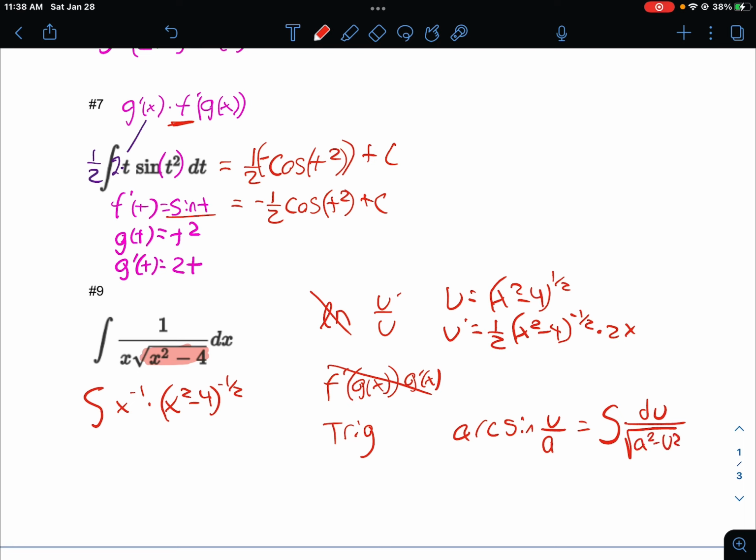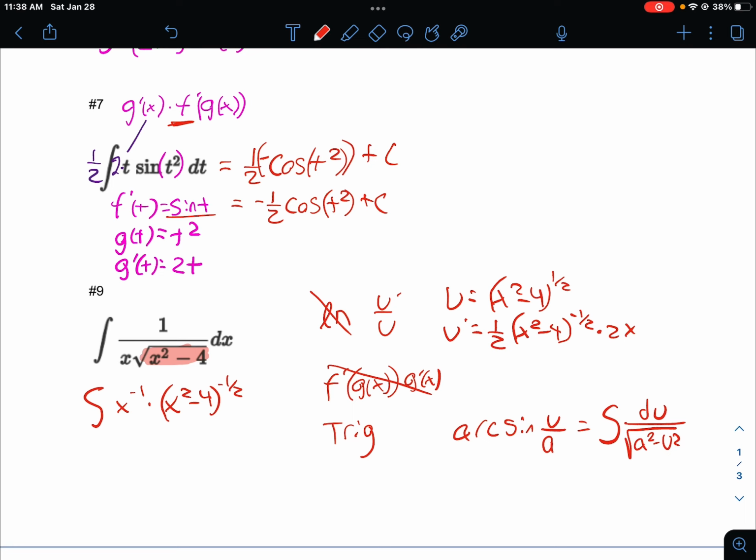Let me check to make sure that's right before I say that 100%. The order of them is always a thing I have to think about. So let's go the integral. All right. Yeah, it's a squared minus u squared, so that works out just fine.